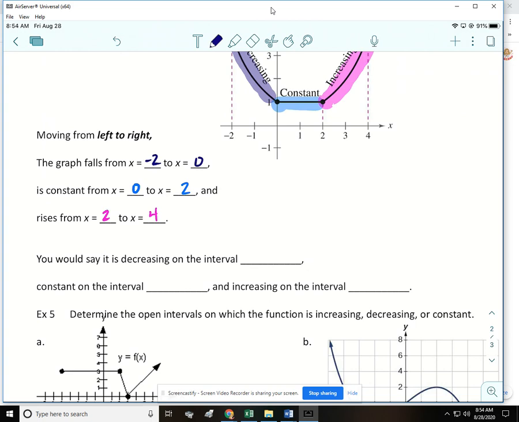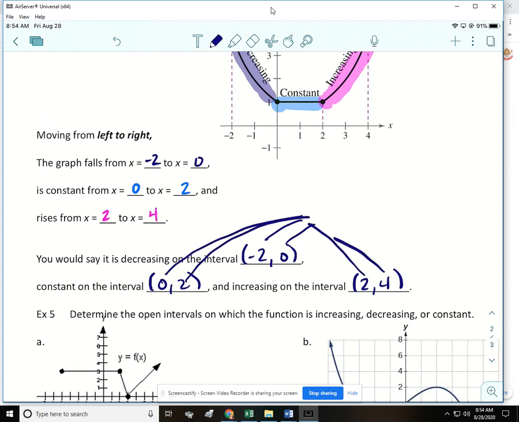So you would say that this function is decreasing from -2 to 0, constant from 0 to 2, and increasing from 2 to 4. And every one of these numbers is an x value.